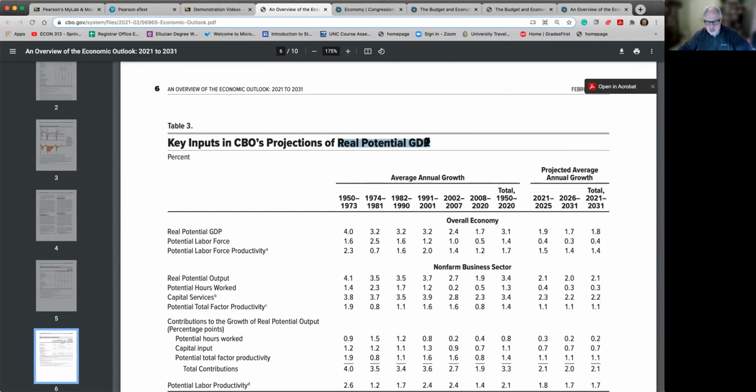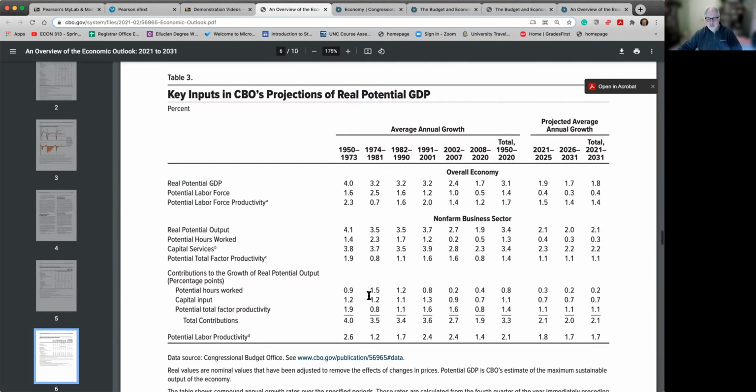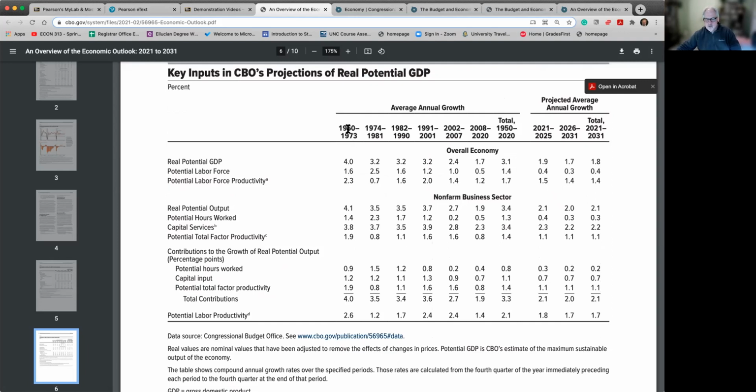This is the actual long-run growth of real GDP that we're talking about. What is going to affect the real potential GDP, the long-run growth of real GDP in the economy? And you can see that it goes in chunks of time in terms of the average annual growth. And then we can talk about it, in this case, over the whole period from 1950 to 2020, right?